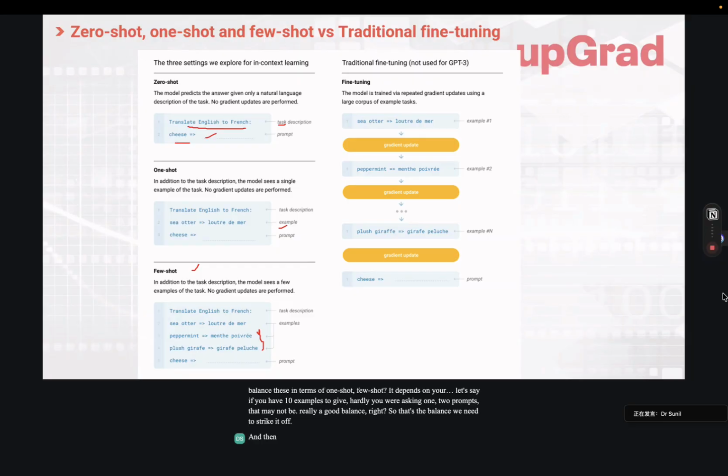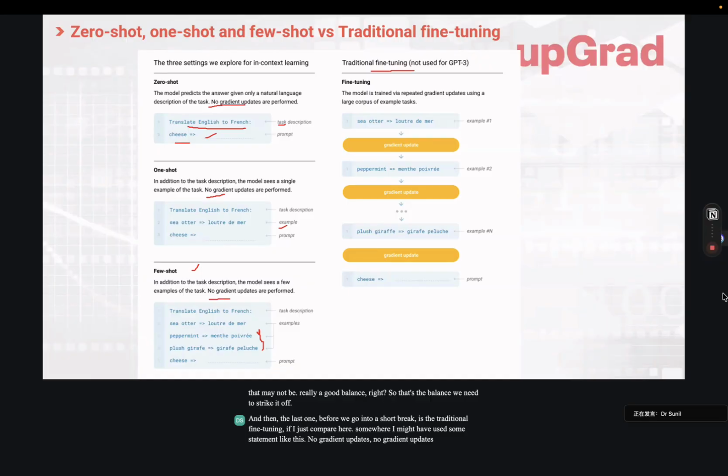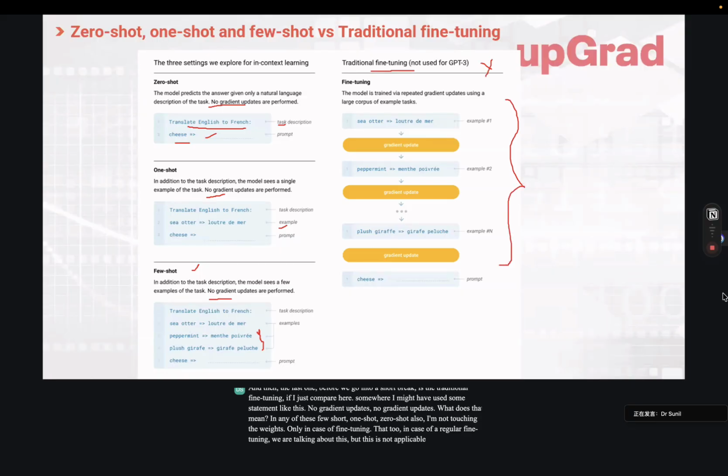And then the last one before we go into a short break is traditional fine tuning. If I compare here, somewhere I might have used a statement like this: no gradient updates. What does that mean? In any of these few shot, one shot, zero shot, I'm not touching the weights. Only in fine tuning, a regular fine tuning, we are talking about this, but this is not applicable for any of the LLMs.